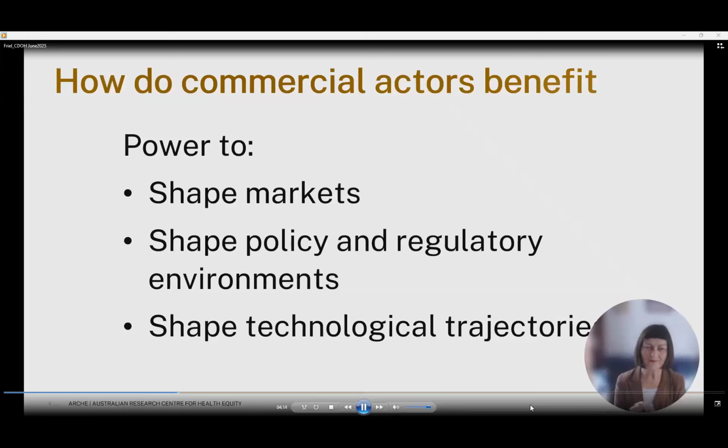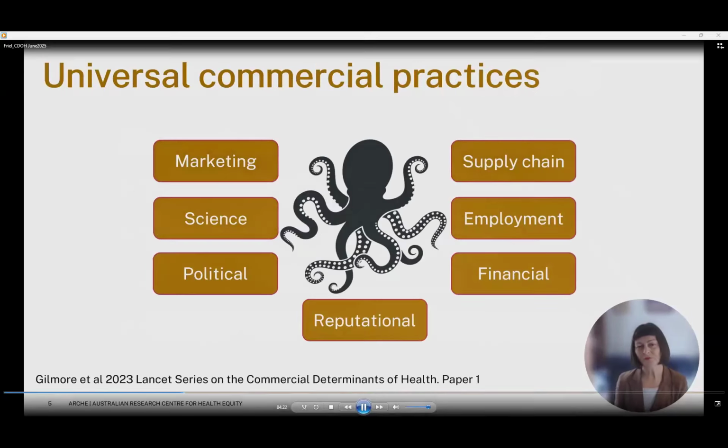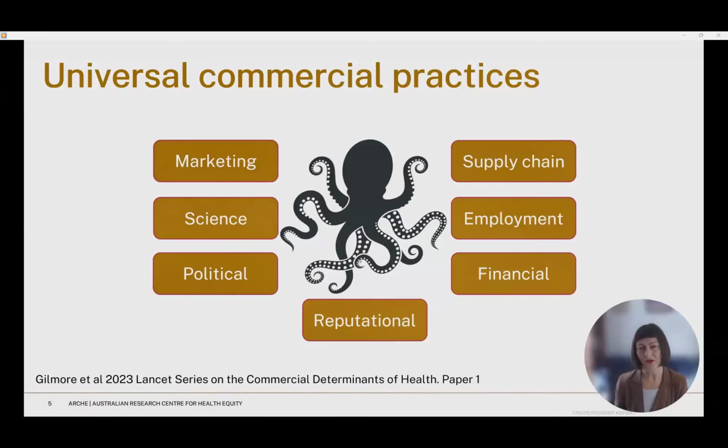So it distracts attention from where action is necessary to protect public health. And there's a range of practices that commercial actors use to do this, to shape markets, to shape the policy and regulatory environment, and to keep attention on technical solutions and responses rather than a wider response.